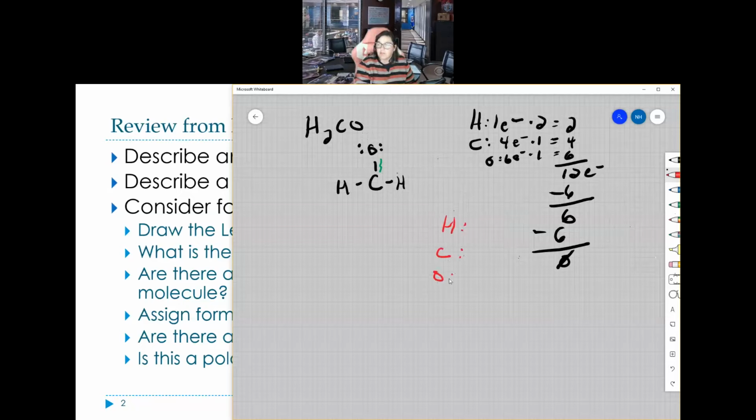Hydrogens are going to be the same. So we have 1 electron normally minus half of the bonding pair, which means that my formal charge for the hydrogen is 0. Carbon normally has 4 electrons.